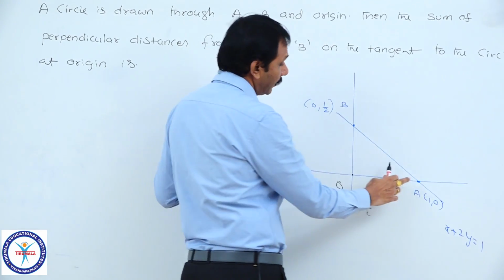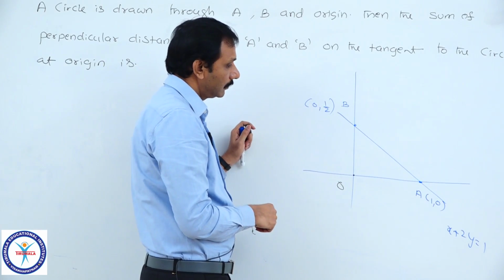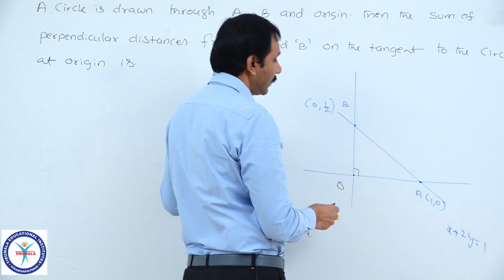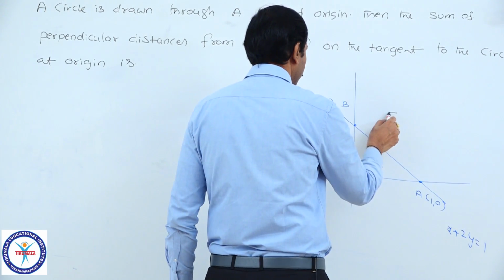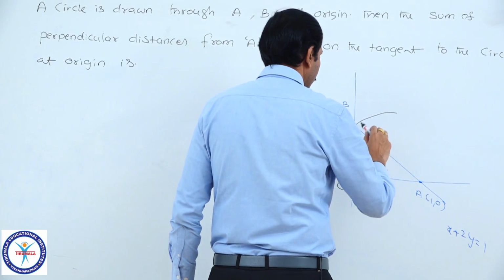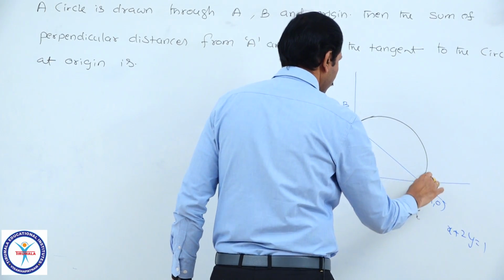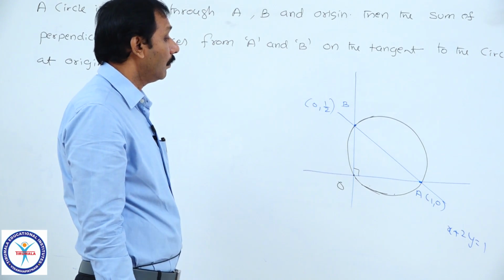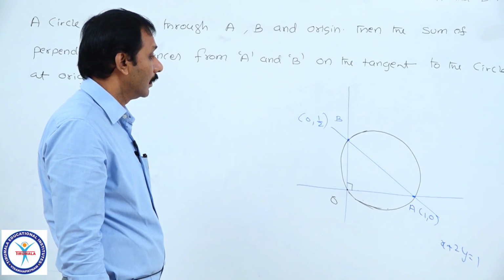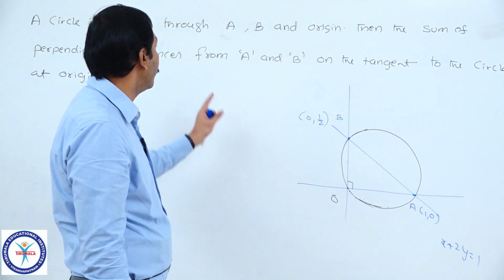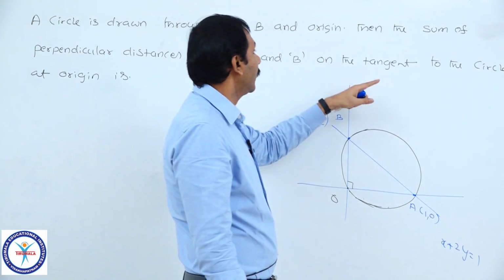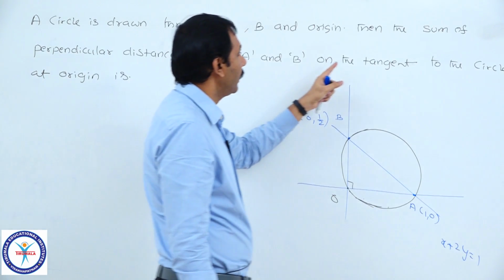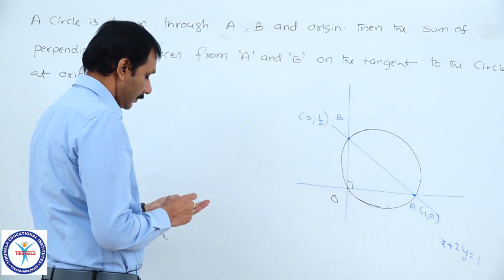Now, a circle passing through A, B and the origin. Because the angle at the origin is 90 degrees, AB should be the diameter of that circle. Now, what they are asking: the sum of the perpendicular distances from A and B on the tangent to the circle at the origin.